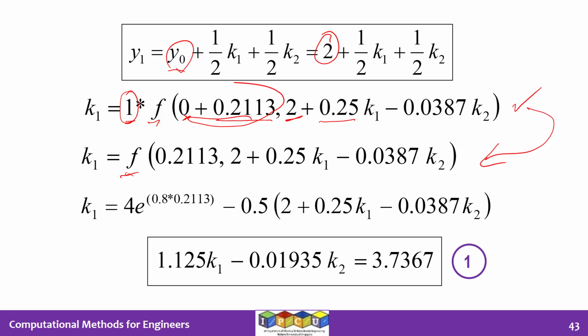So 0 plus 0.2113 is this, and this is retained here. So we are evaluating the function at the independent variable x equal to 0.2113, and the dependent variable has this value. Wherever I see y in our expression for f, I'm going to put this expression, and wherever I see x, I'm going to put this value so that I can get k1.